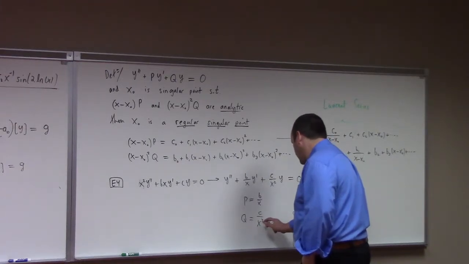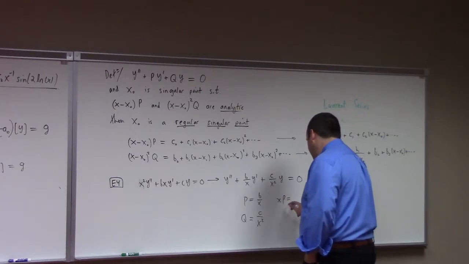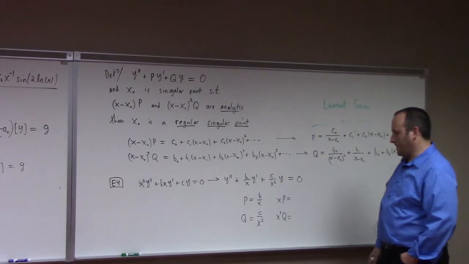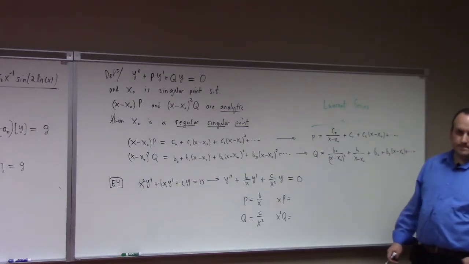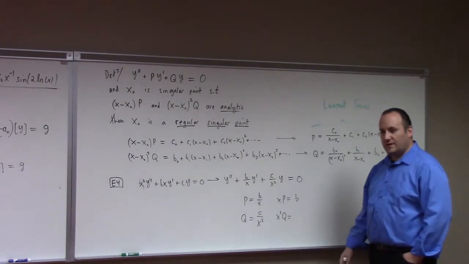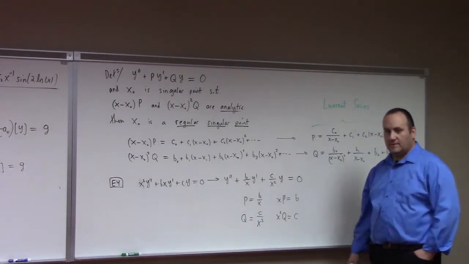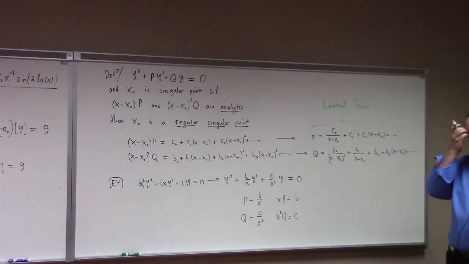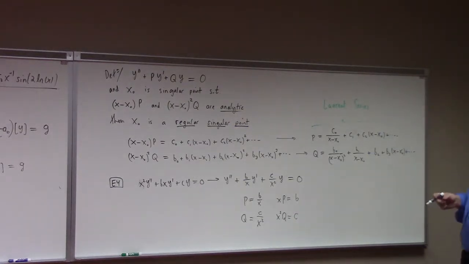So what happens when we look at x times p? What do we get? I mean, x times p is just b, right? X squared times q is just c. Those are constants, right? So in particular, those are analytic, which goes to show you that x equals 0 is a regular singular point for the Cauchy-Euler problem. All right? Okay.